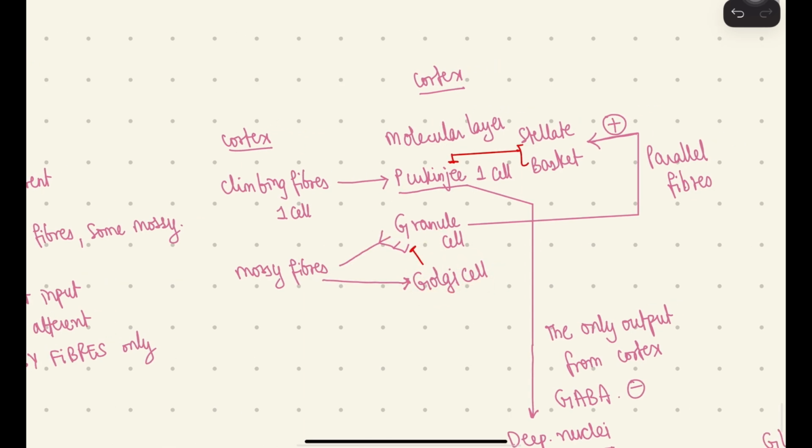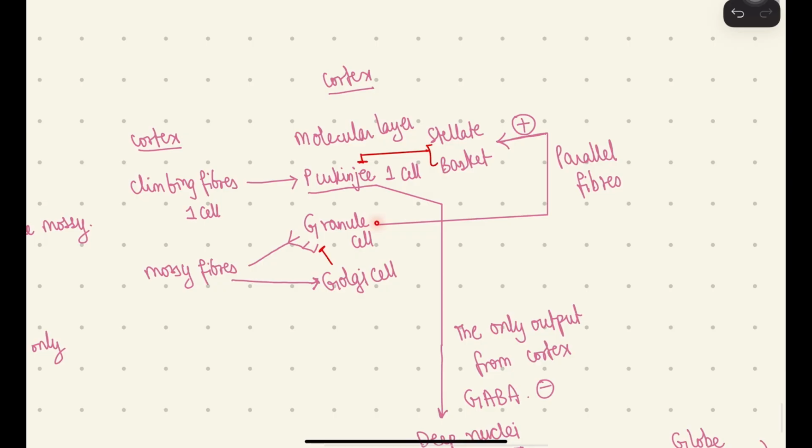The Golgi cell inhibits the granule cell, ensuring there is a check on excitation of the granule cell. It's feedback inhibition. The granule cells ascend up into the molecular layer as parallel fibers. These parallel fibers stimulate two different cells called stellate and basket cells, which are inhibitory to the Purkinje cell.